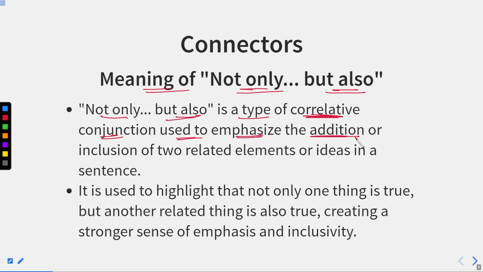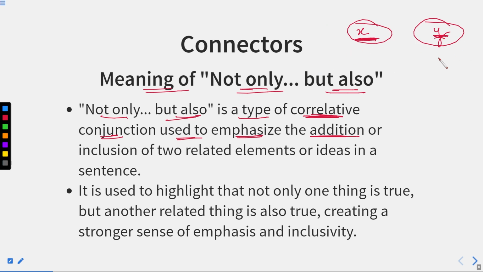As I told you, not only but also is a concept which emphasizes the information, which emphasizes another piece of information. For example, if I say that I have two medicines, one is X and another is Y. If I say this medicine is effective, and this medicine is also effective, well, I am saying that this medicine is effective. Now what you will say is that not only this but also this is effective.